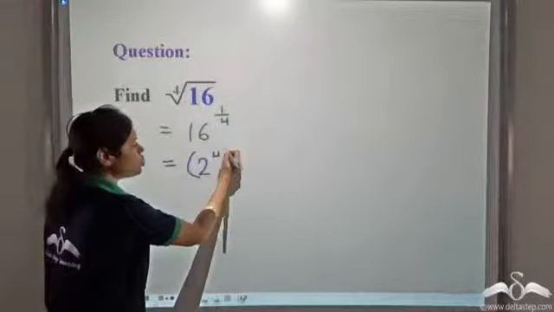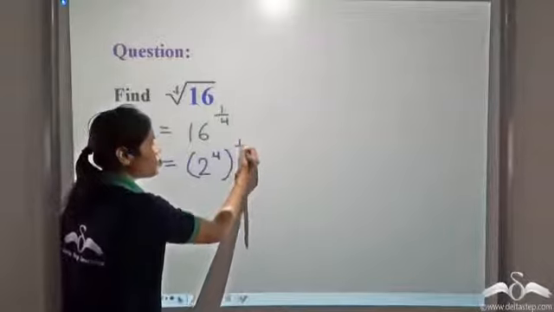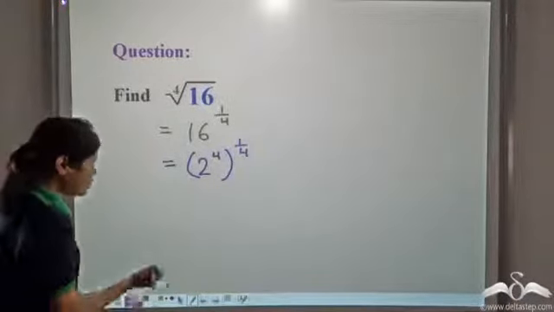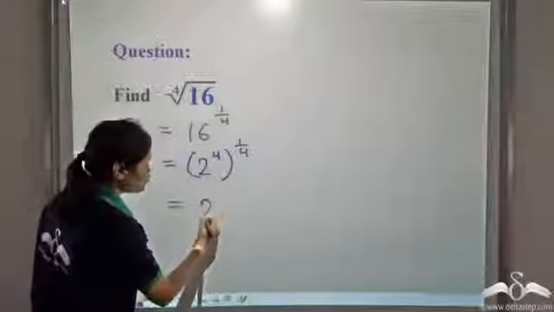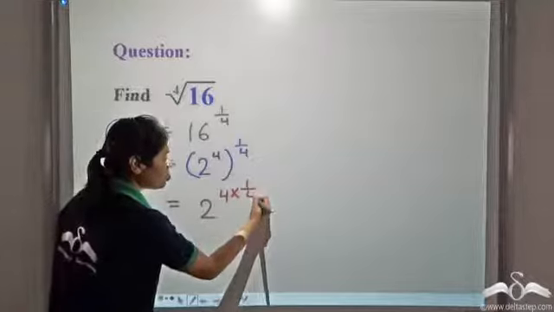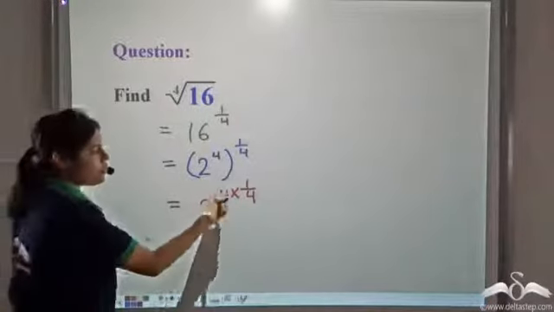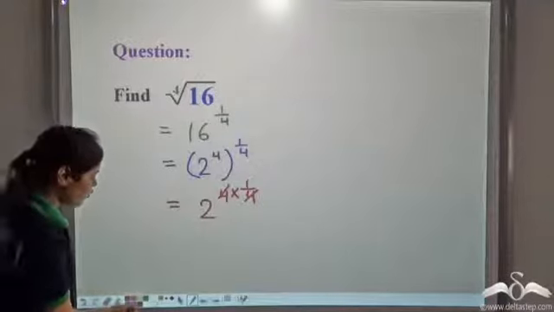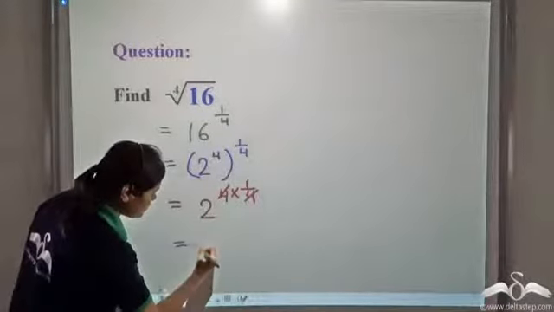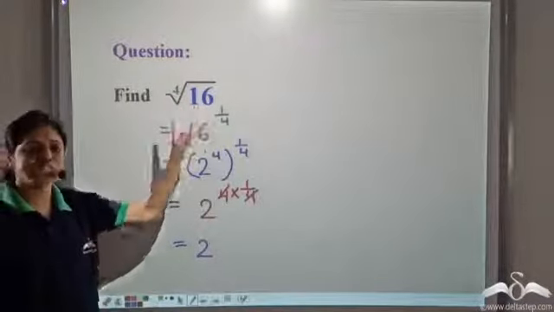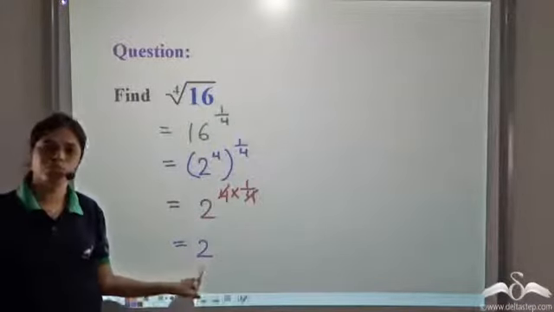So this is 2 to the power 4, whole raised to the power 1 by 4. This can be written as 2 to the power 4 into 1 by 4. Now 4 into 1 by 4 gives 1. So this is 2 to the power 1, which is equal to 2. So the fourth root of 16 is equal to 2.